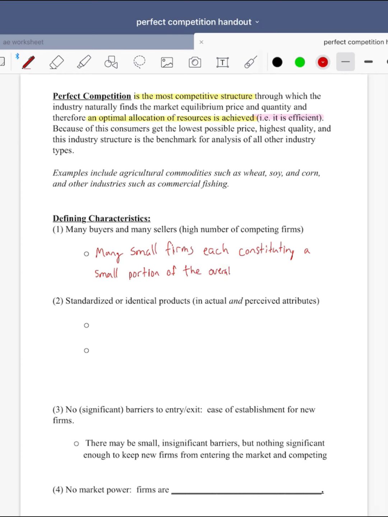So there's going to be a high number of competing firms in this market, many small firms, each constituting a small portion of the overall market.